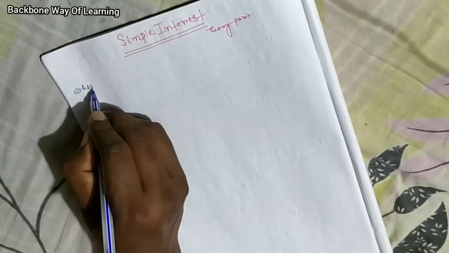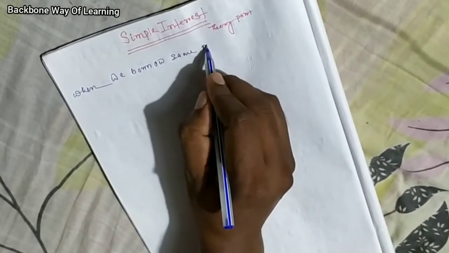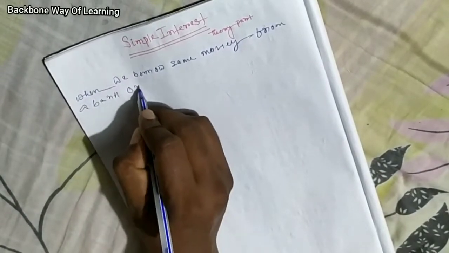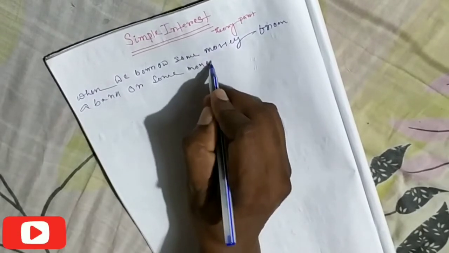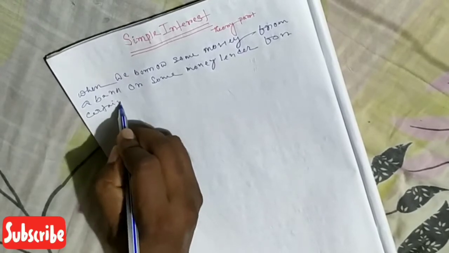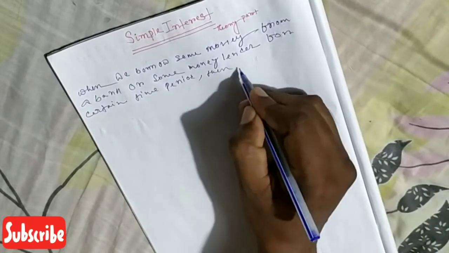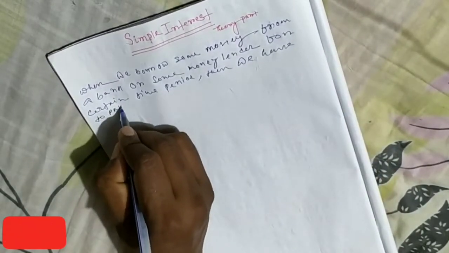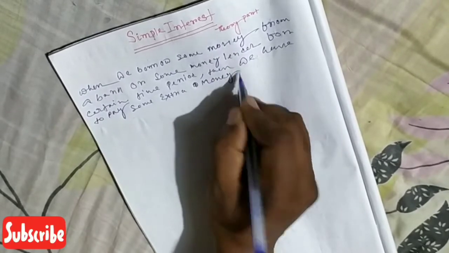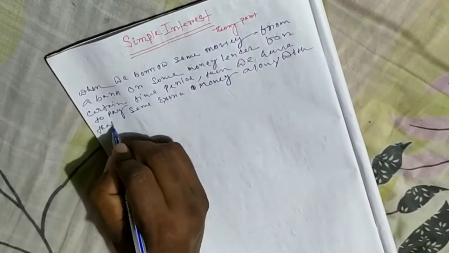First of all, when we borrow some money from a bank or some money lender for a certain time period, then we have to pay some extra money along with that borrowed money.